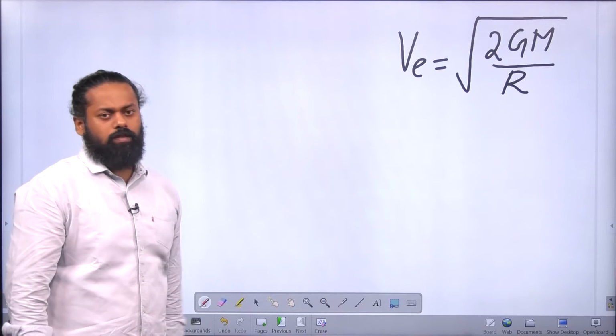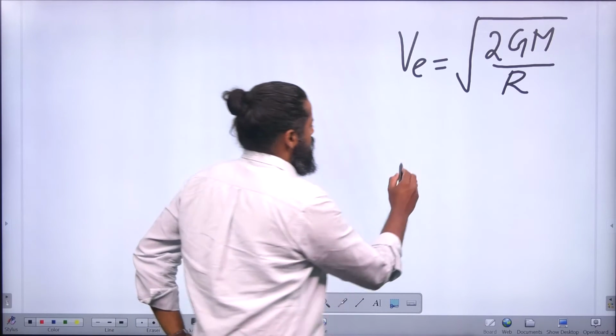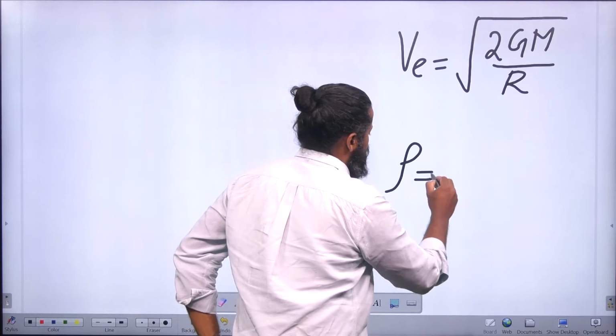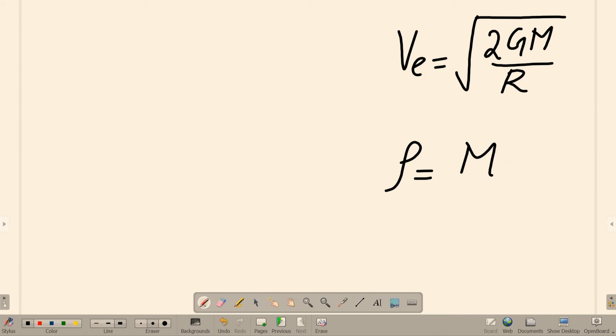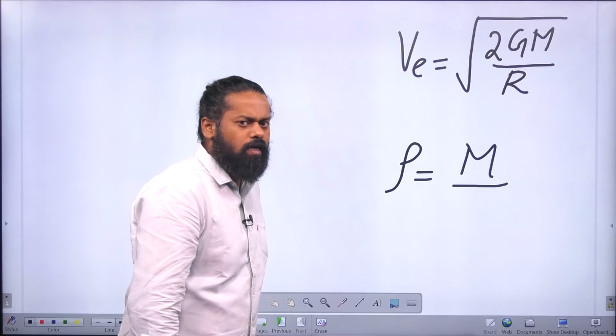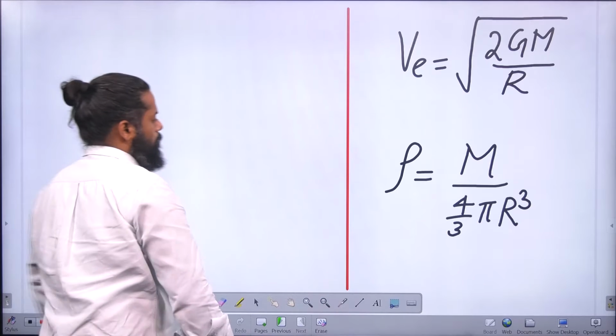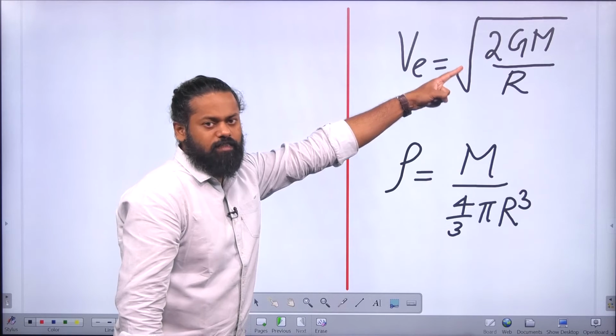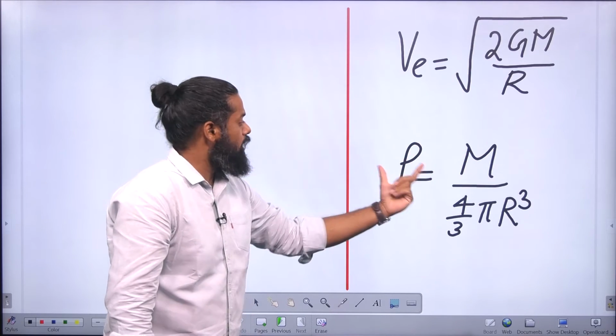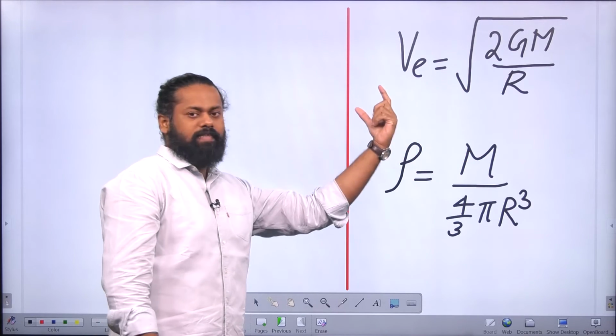Let us see how to do this. First of all, you know density. The mass density is defined as mass by volume. How much is the volume of a sphere? 4 by 3 pi r cube. We can substitute for mass, because given that the second planet is also having the same density.